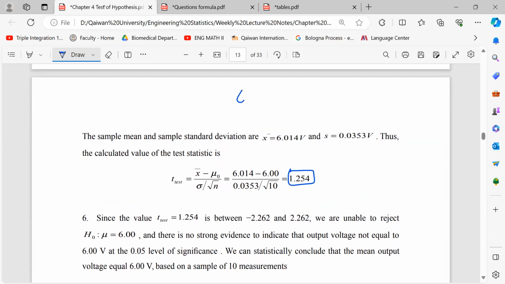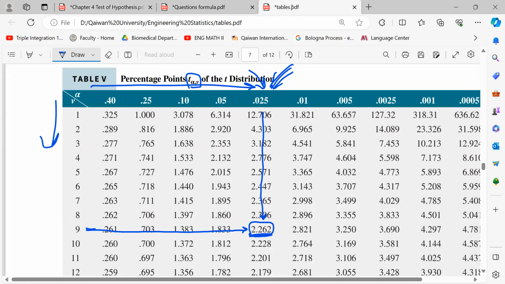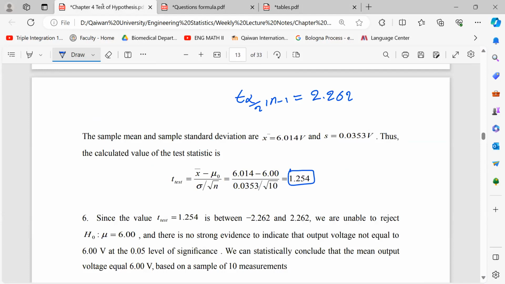We set t of alpha over 2 and n minus 1 is 2.262. Is it? Yes. What if it is negative? Minus t of alpha over 2 and n minus 1 is minus 2.262.